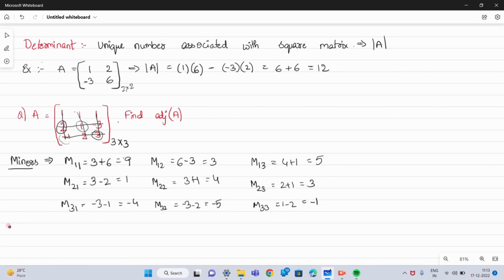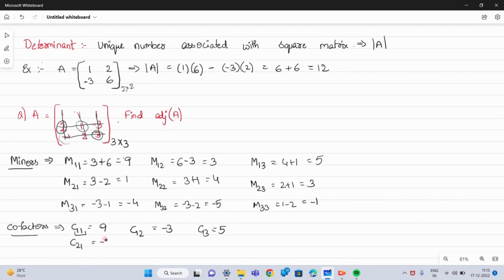From the minors, we need to find the cofactors. So it also has all these elements. C11 is 1 plus 1, it's even, so it remains the same. C12 is odd, so it's the negative of M12. C13 is even, so it remains 5.